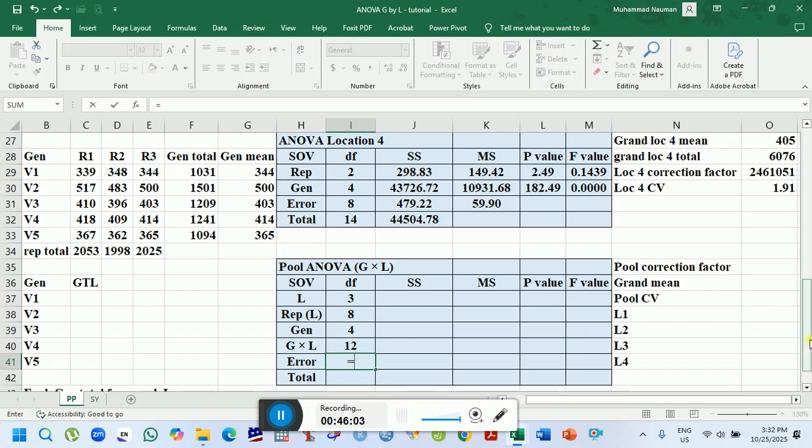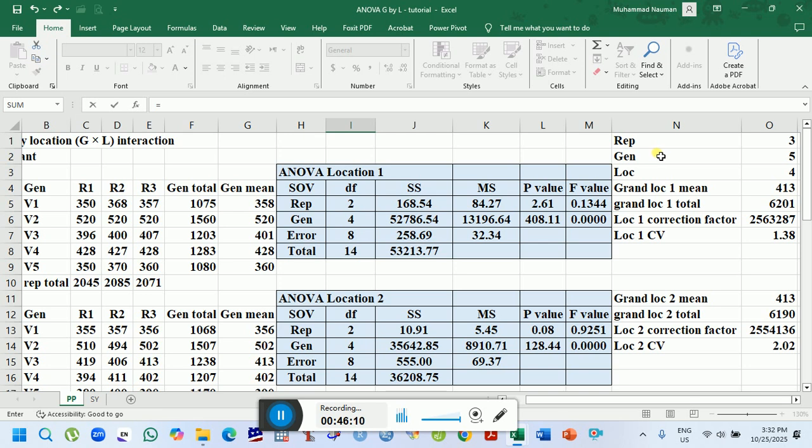So it is equal to number of location, put this in one bracket, multiply by replication minus 1, multiply by genotype minus 1. Yes, press enter.